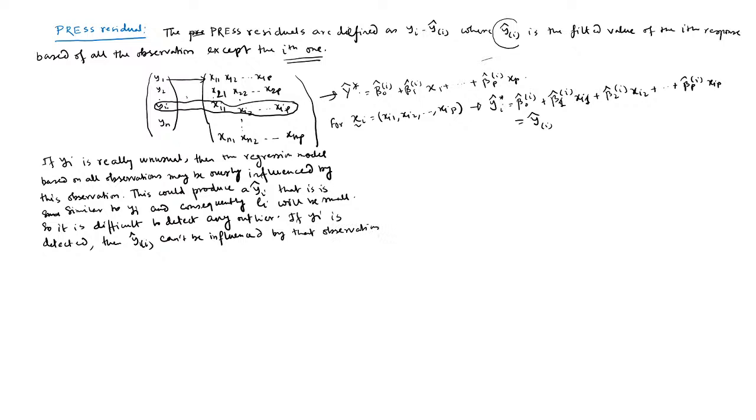Why? Because if your yi is involved in the calculation, then all your predicted values are influenced by yi, and if you eliminate this yi, then it is not involved in your calculations. Hence, your predicted values are not influenced by this yi. So yi hat cannot be influenced by this observation.